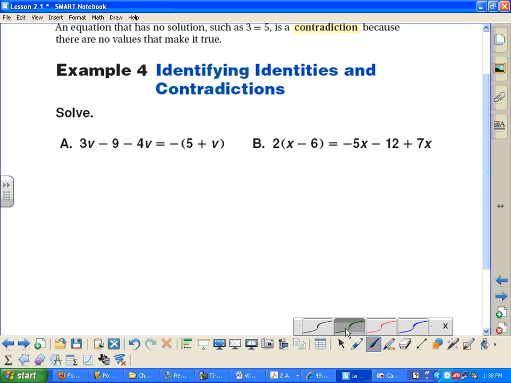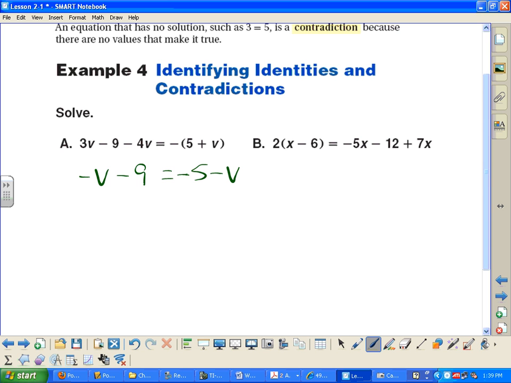So we have 3v minus 4v is negative v minus 9 equals negative 5 minus v. And after we finish this, I'm going to tell you how you can recognize a contradiction right away also.